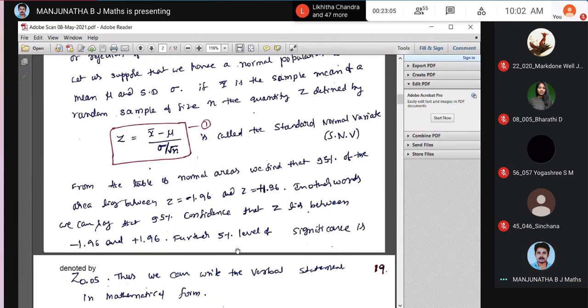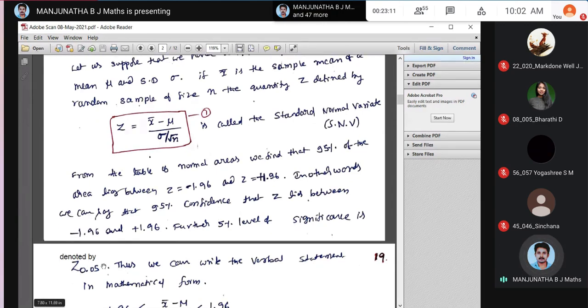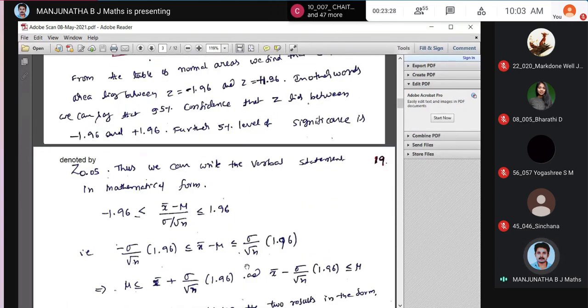The 5% level of significance is denoted by z of 0.05. Thus, we can write the verbal statement in mathematical form.